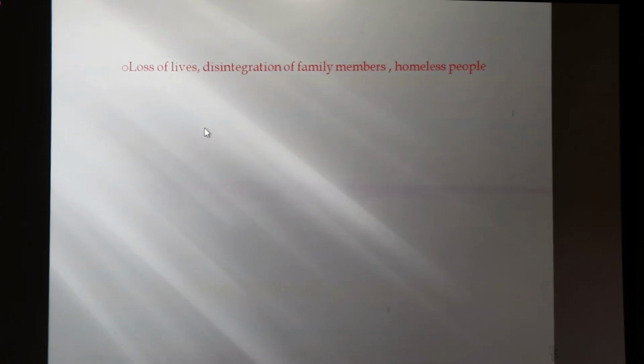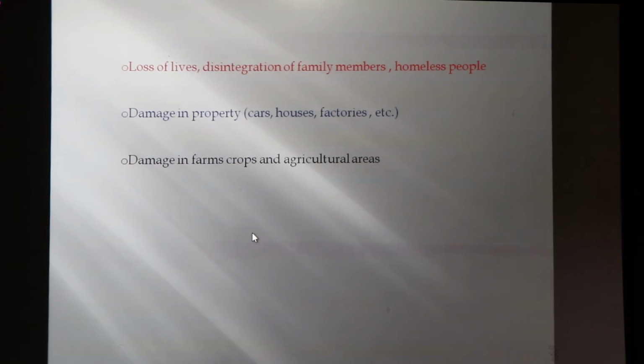First thing you think about when you hear on the news of a natural disaster, you think, did anybody die? Did anybody lose someone he loved? What happened to their houses? What about the people that have destroyed houses? What about the crops and the agricultural areas?